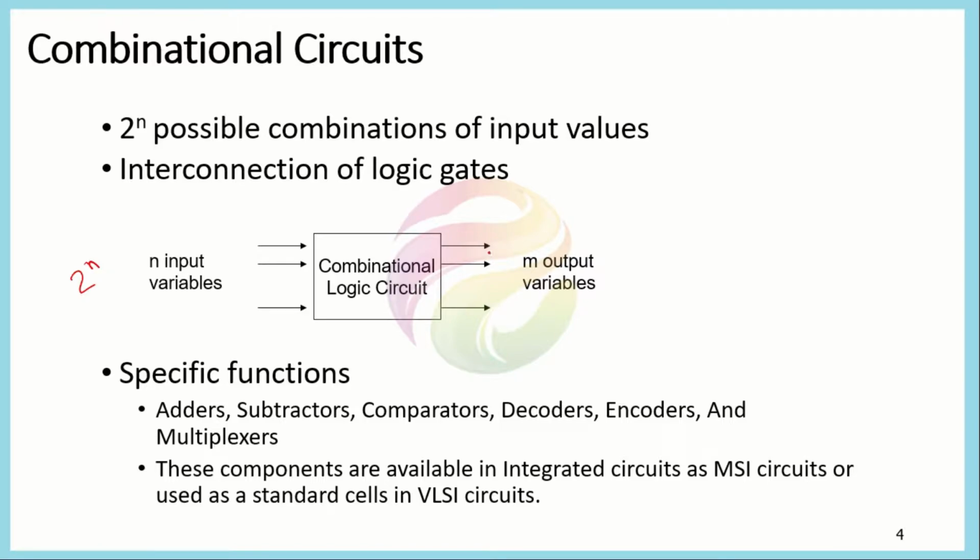Each output variable represents a certain specified function, say f1, f2 or f3, and in reality f1, f2 and f3 have a certain meaning, like they could be the output of an adder, a multiplier or a subtractor.